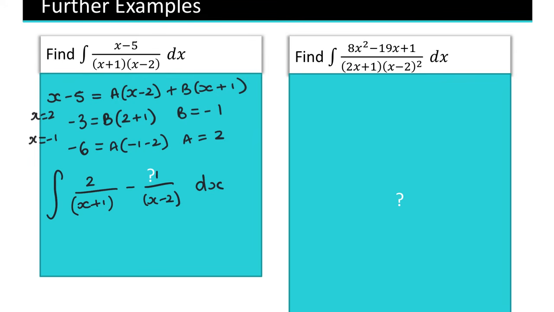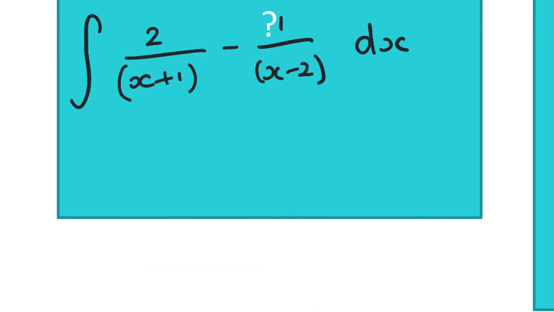Okay, this looks better for us to integrate. So, when we integrate 2 over x plus 1, what do we get? Two ln x plus 1 minus ln x minus 2 plus c.